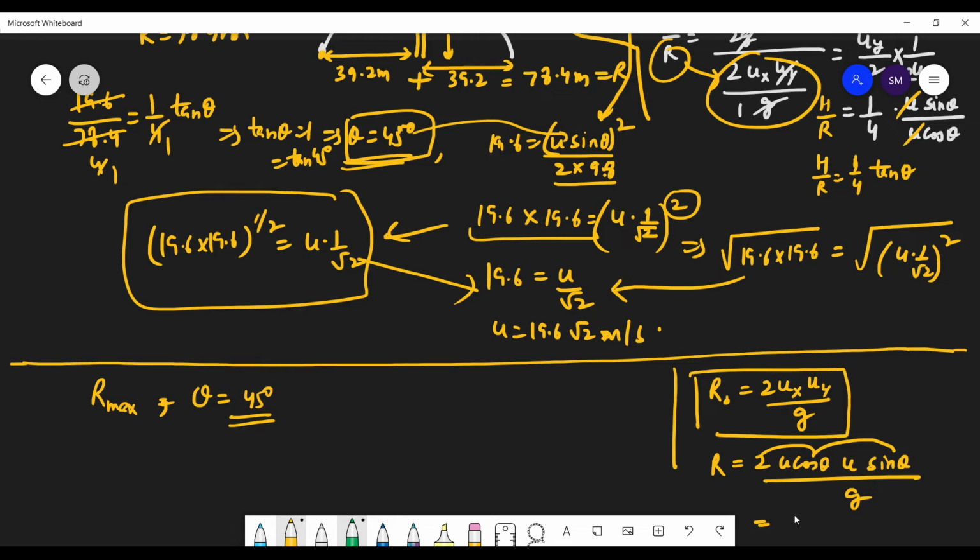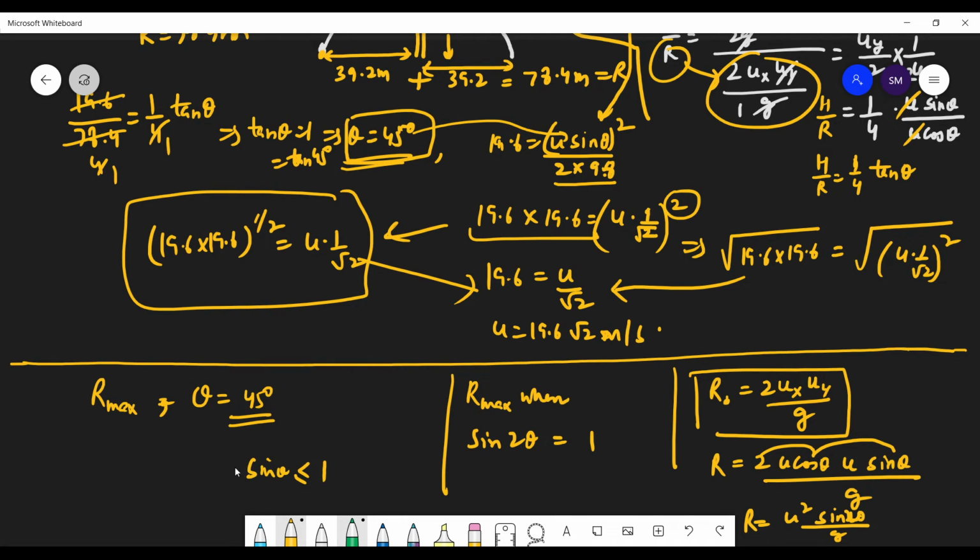So 2 sin theta cos theta is sin 2 theta by g. So if u is constant, g is constant, the only variable is sin 2 theta. So r is maximum when sin 2 theta is maximum. And what is the maximum value of sin 2 theta? That is 1.